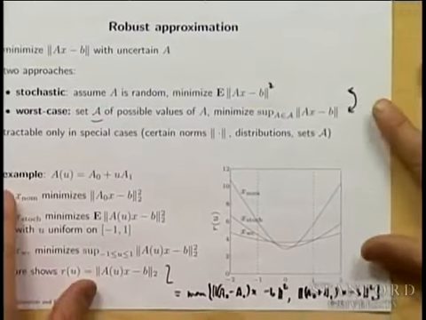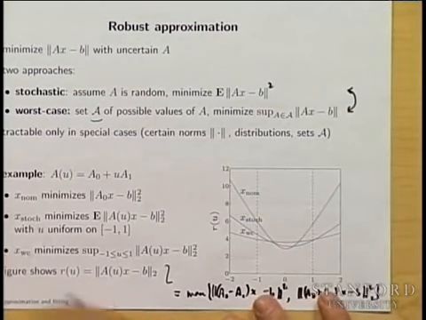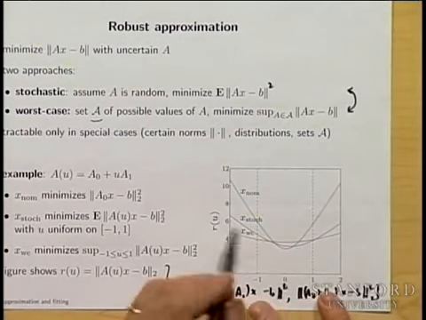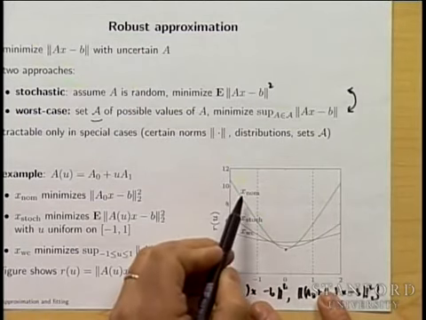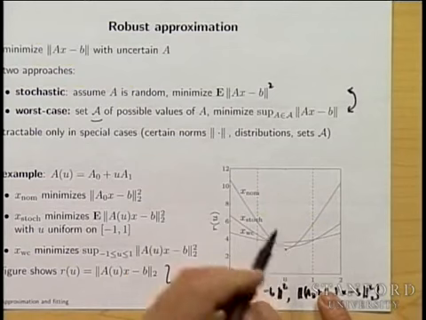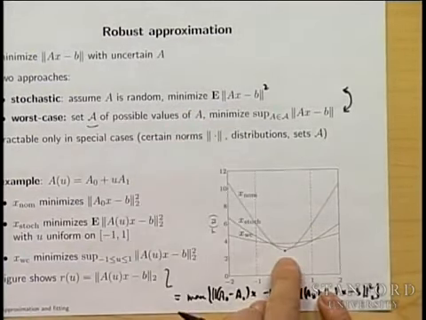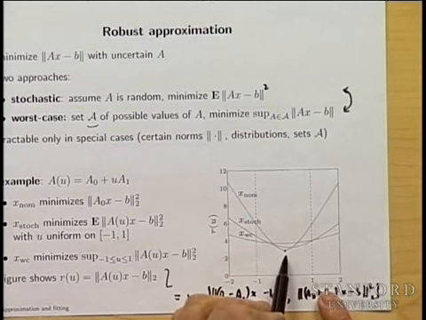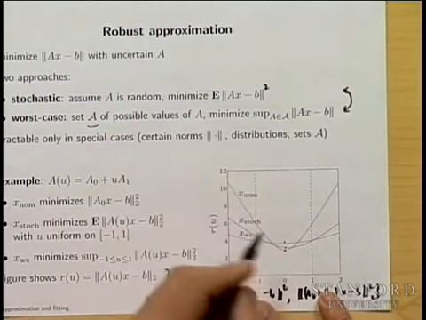Okay, let's look at the results. Well, they're hardly surprising. This is for some random A1, A0, and so on. Here's what happens. If you look at the nominal choice of x, it minimized the residual when u equals 0. So it had to be better than the other two. By definition, it minimizes the residual. In the other two you gave up something.